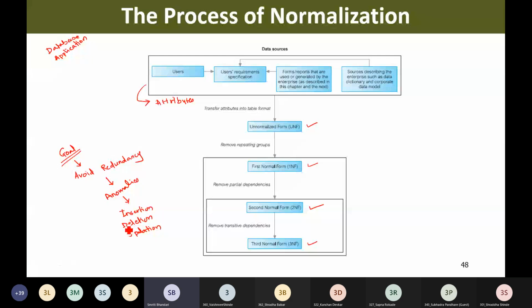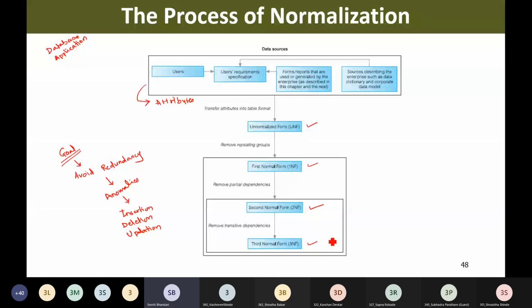We don't want to have such anomalies in our database, and that is the reason why we are following these steps of normalization. As we move on, we are trying to reduce the anomalies in the database, and we come up with a good database.